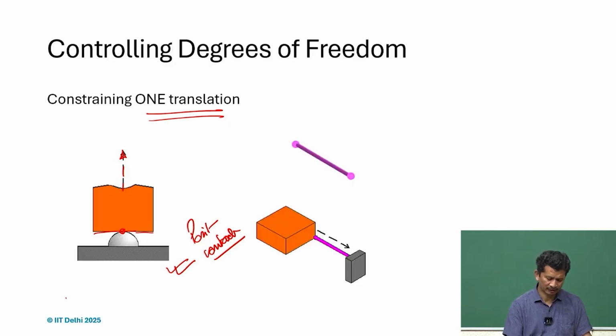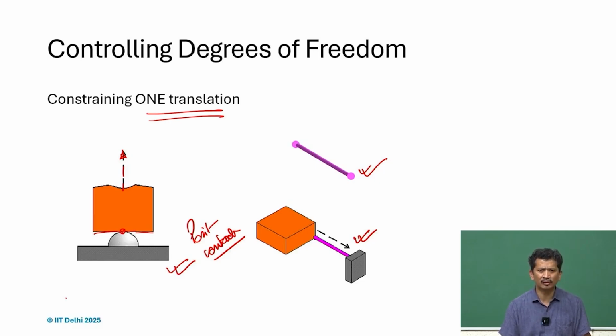Another option is to use articulated links to show the constraint along the longitudinal direction. So whenever we need to constrain translation, we can use these building blocks.